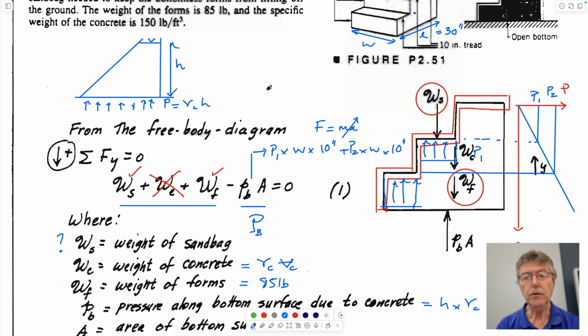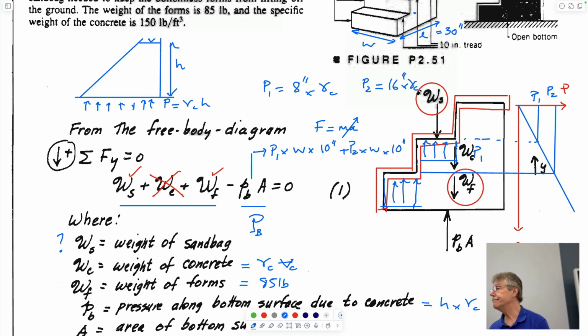And of course, P1 will be equal to this depth below. It'll be equal to 8 inches times the unit weight of concrete. And P2 will be equal to this pressure here, which is 8 inches plus 8 inches, 16 inches times gamma C. And you get exactly the same result.